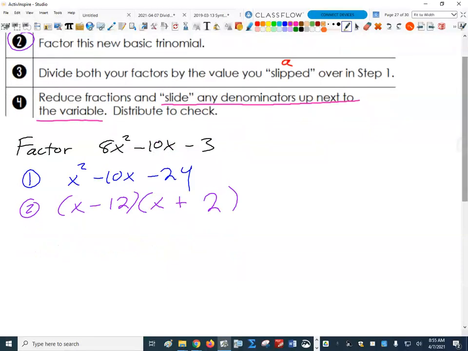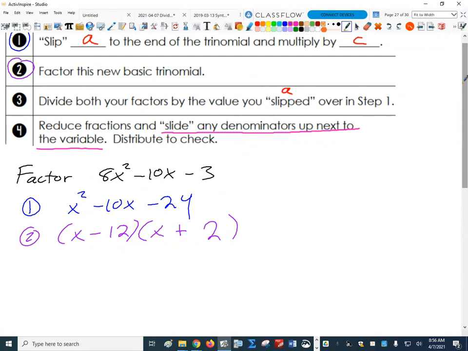Okay, I'm going to give everybody just a second to kind of catch their breath on this and think about step 3. What's next? So Aiden, what'd you get for step 3?